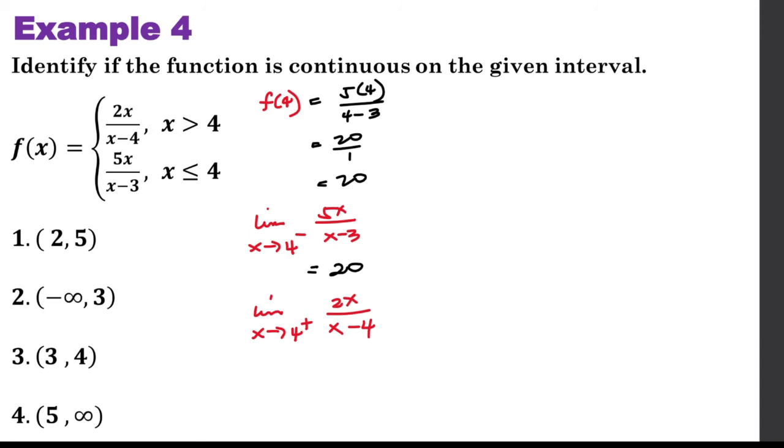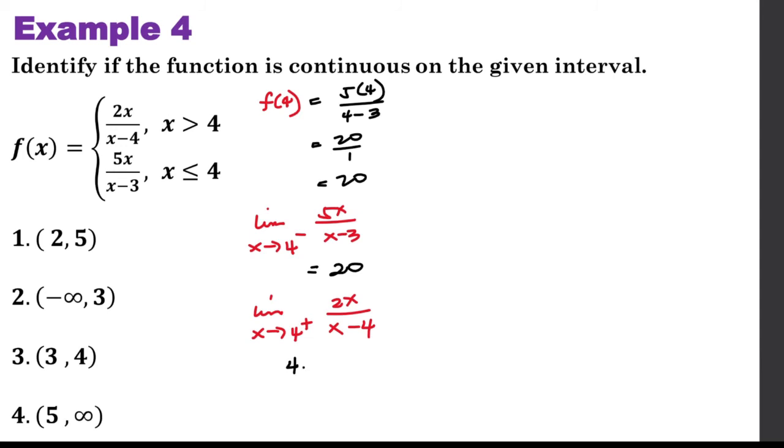And then upon looking at our function, if we try to substitute 4 to our equation, we would be having undefined. Or to be exact, that would be 8 over 0. And if that is the case, we are dealing with infinite limits. So what we're going to do now is to use values from the right of 4.